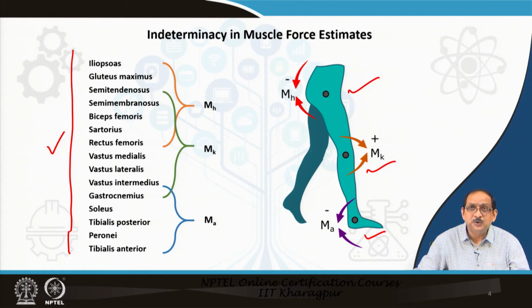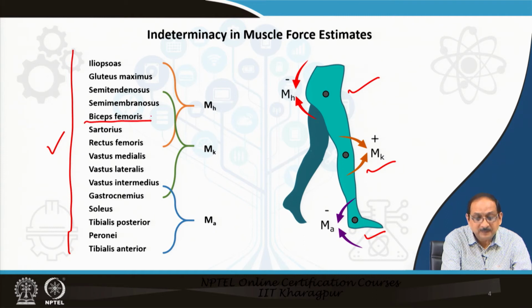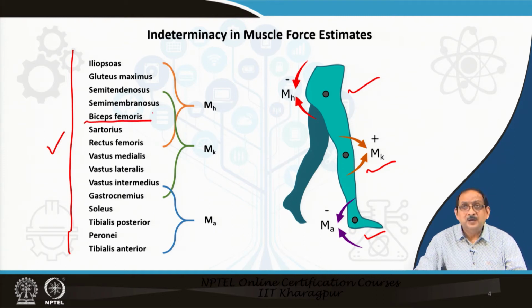The other point to note is that some muscles, like biceps femoris, for example, may contribute towards moments around the hip joint as well as the knee joint.